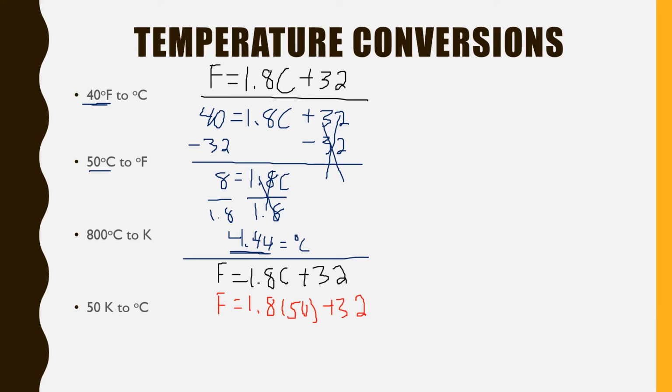Well, you could just type this in your calculator. 1.8 times 50 is of course 90. Bring it down. F equals 90 plus 32. And when I add 90 and 32, I get 122.